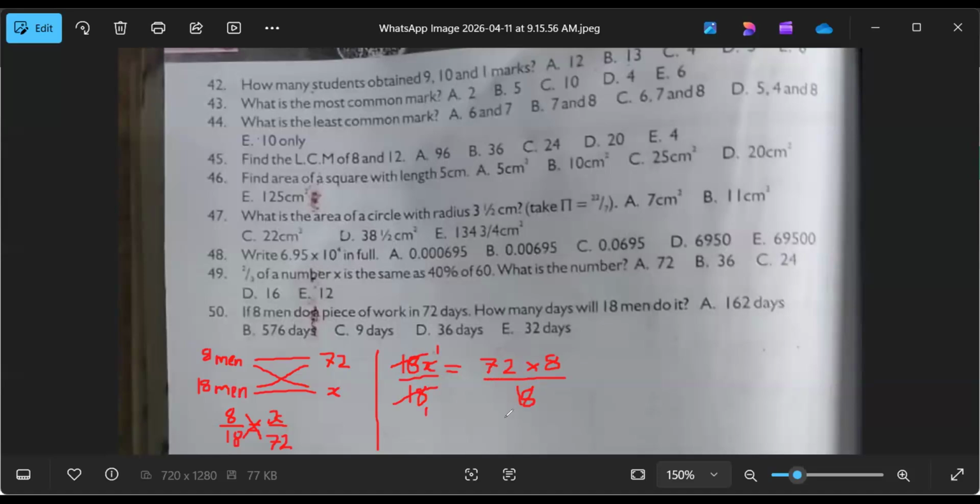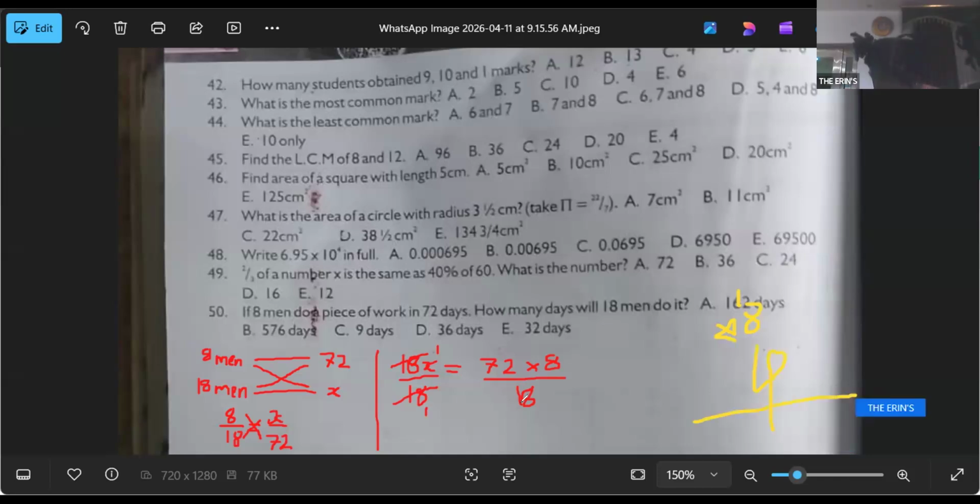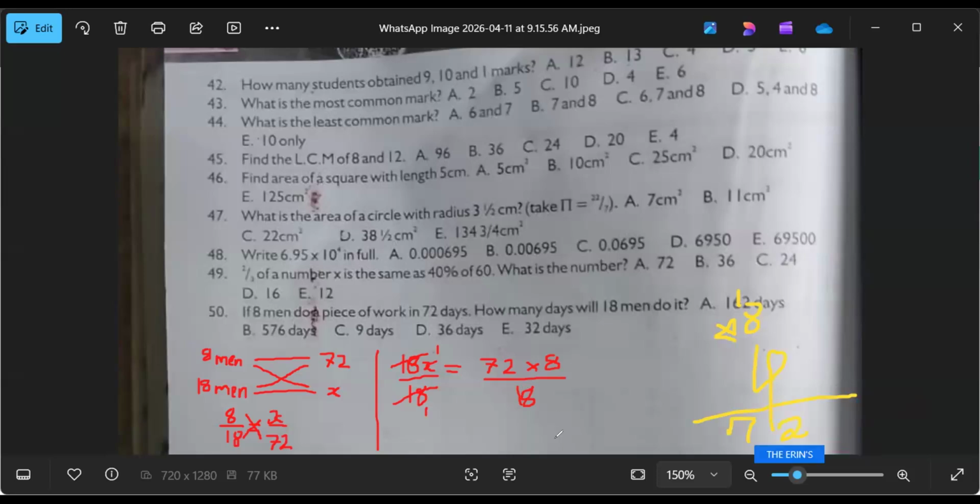But in case you are not sure about that, nothing is wrong with using 9 and breaking it down. I'm not saying that it's wrong. But somebody who has not done 18 times 4 may not remember. But it's fine. Okay, so 18 in 72 is 4.